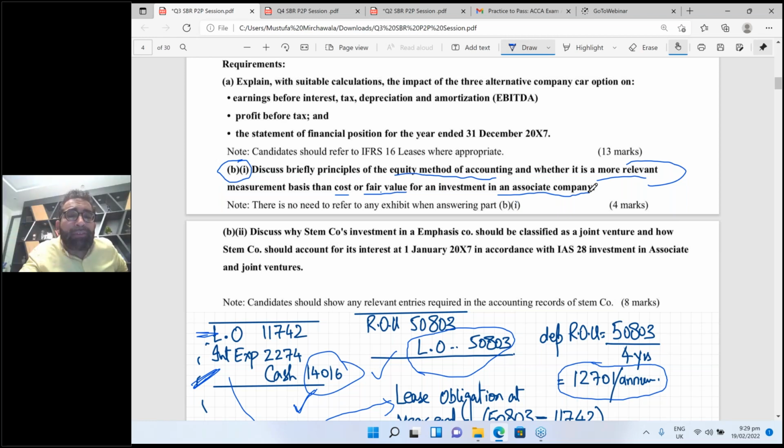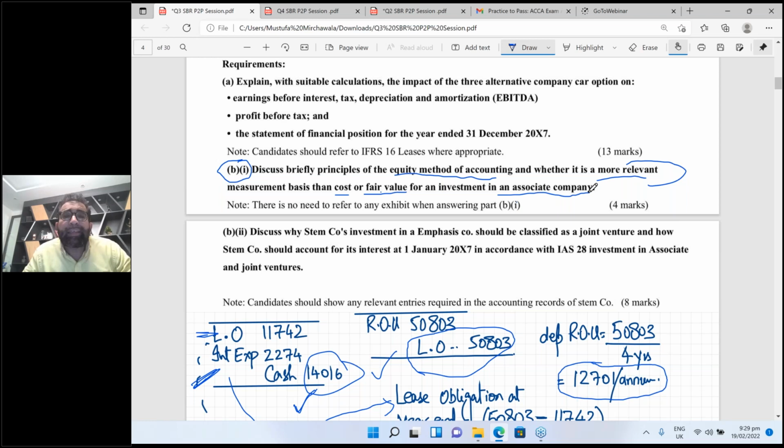Number two, recording at fair value is purely judgment based. I hope you remember IFRS 13: in fair value, you need to apply level 1, level 2, level 3. There are a lot of judgments, and whenever judgment comes in, the reliability of books goes down.